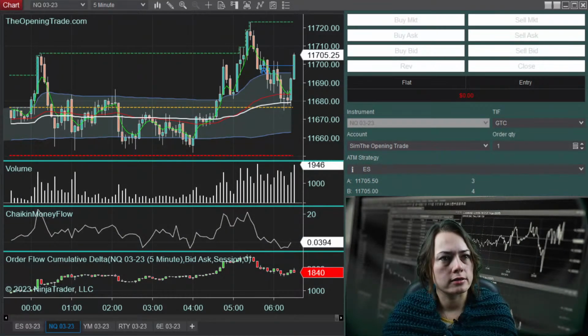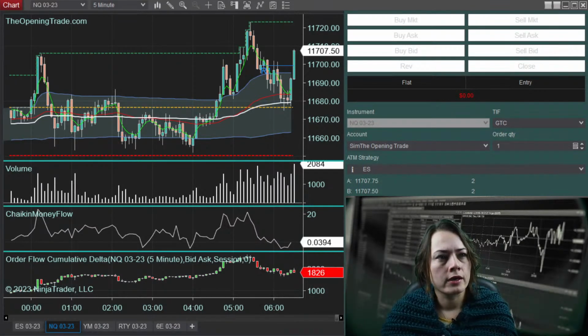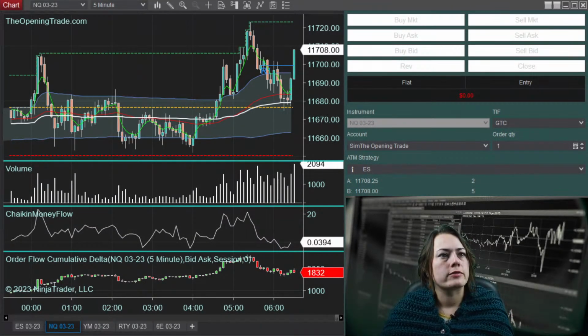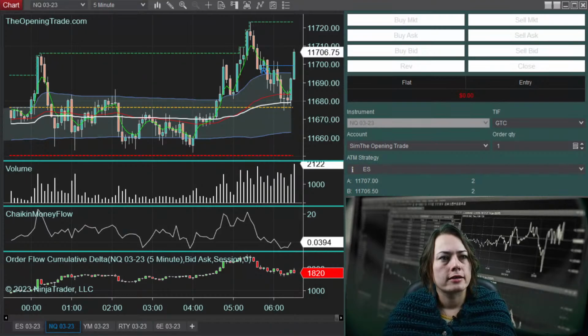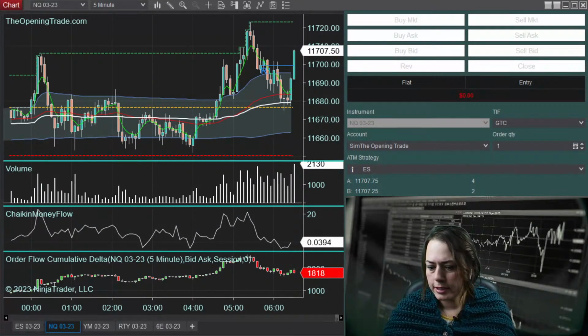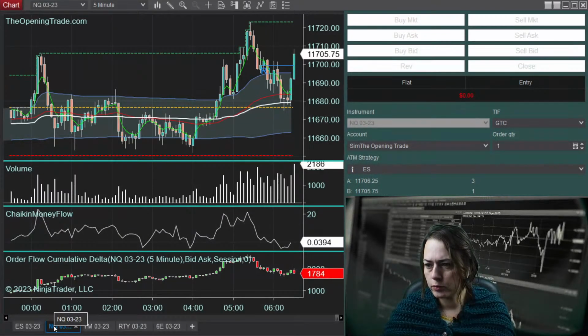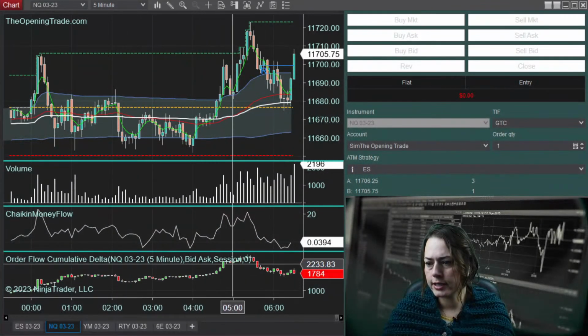All right. So the first trade that we're possibly going to see is an automated trade on the NASDAQ futures, which is the chart we're looking at here.